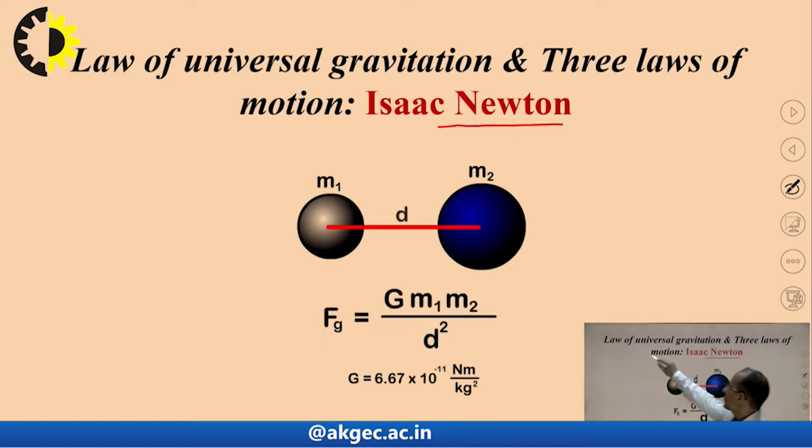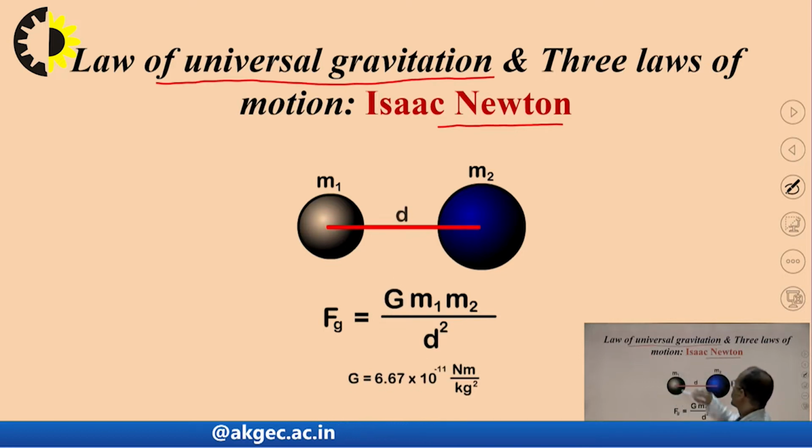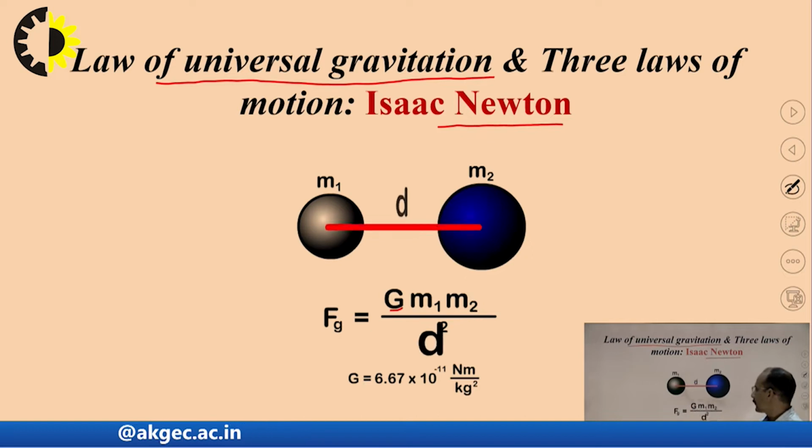First of all, the law of universal gravitation given by Isaac Newton is: if there are two bodies m1 and m2 located at a distance d, there is a force between these two objects, and that force is directly proportional to the multiplication of both of the masses and inversely proportional to the square of the distance, where G is the proportionality constant which is introduced to make this an equation, and F is the gravitational force.